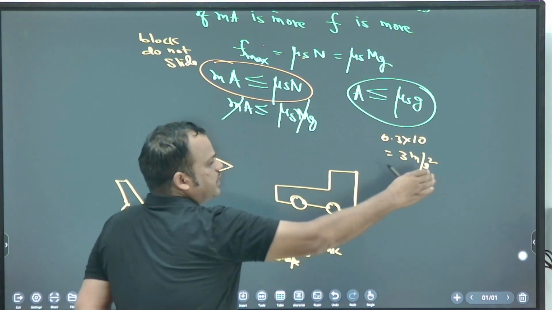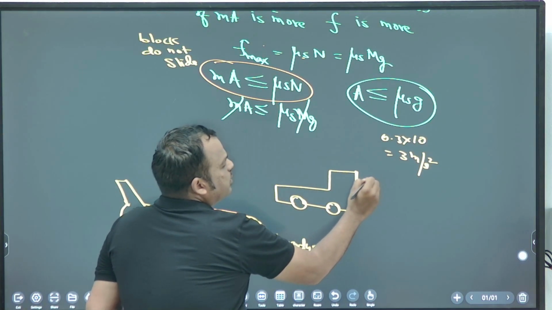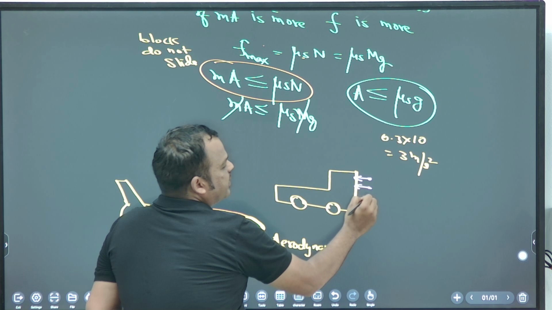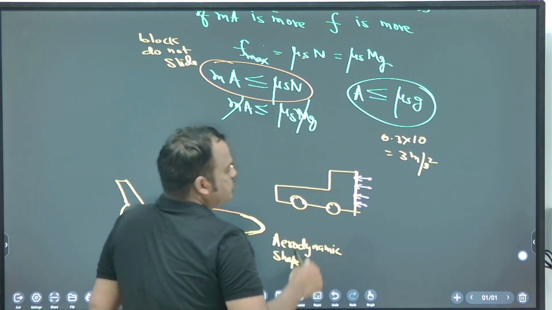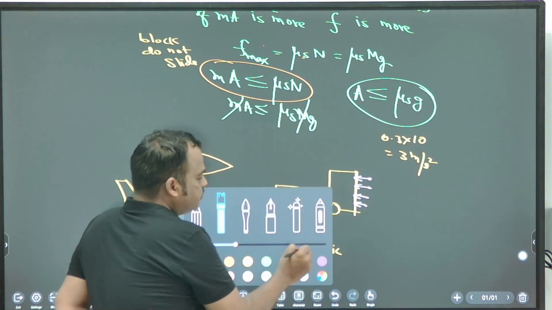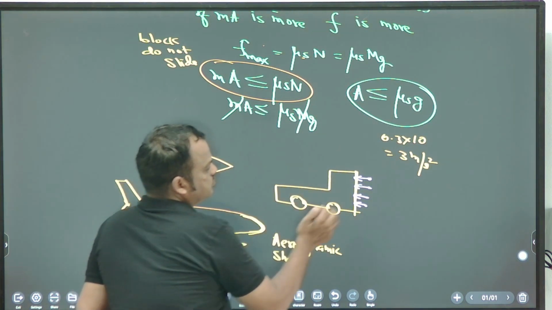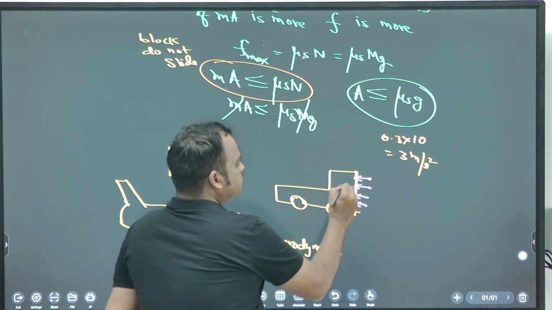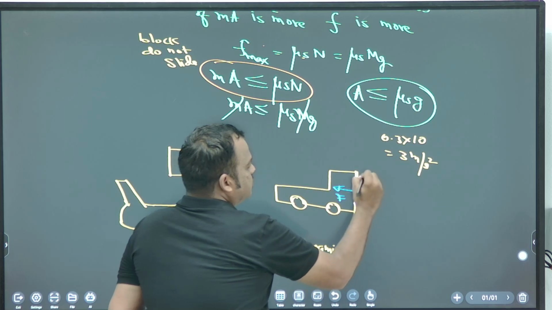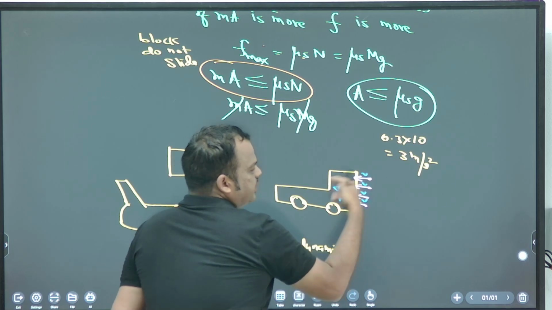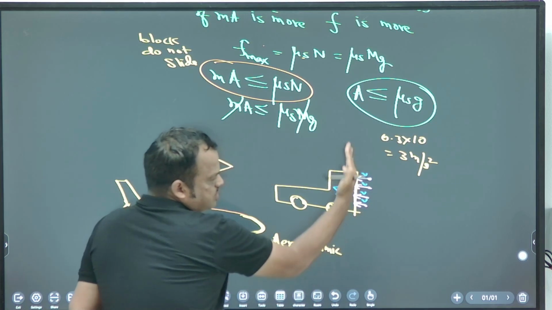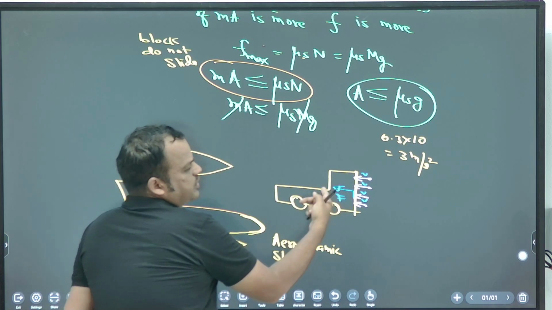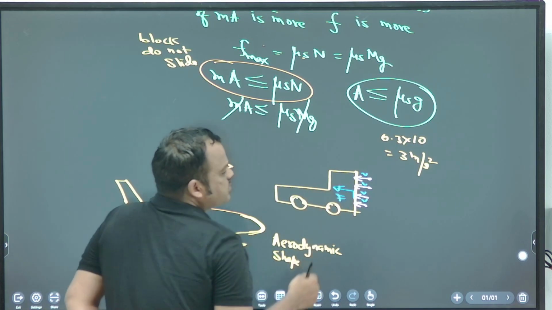Air molecules. Air is there. So air molecules are hitting perpendicular to the surface. In case of the truck, the truck is experiencing force where? Left side. So are you getting? Air molecules are hitting perpendicular to the surface. The surface is vertical, so force is where? Left side.